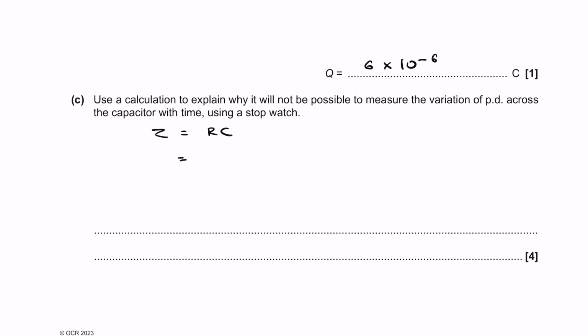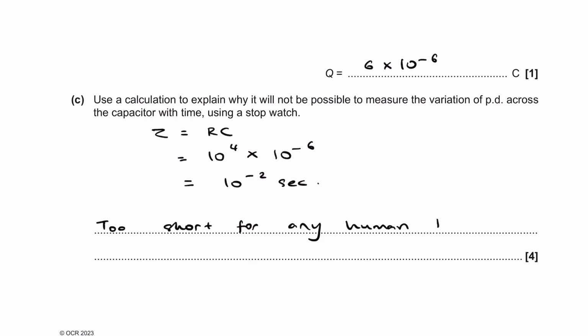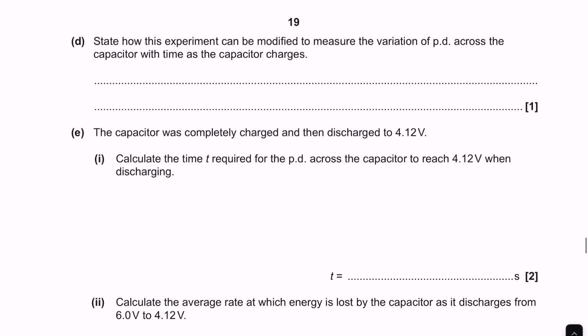Now RC happens to be 10 to the power of 4 times 10 to the minus 6, which is a very, very small number. So this is basically too short for any human to react to using a stopwatch. Hence, it's not ideal.